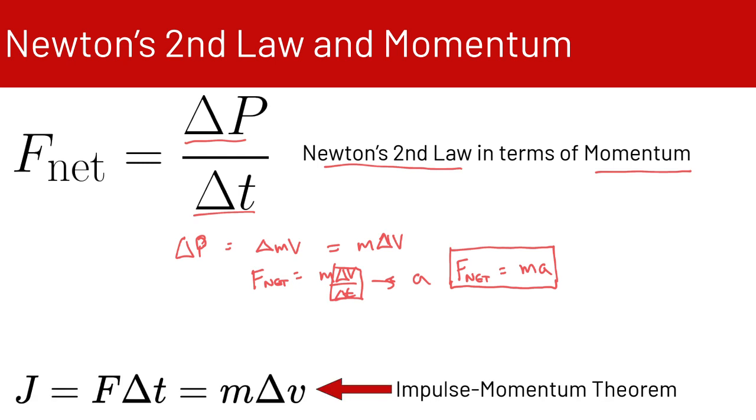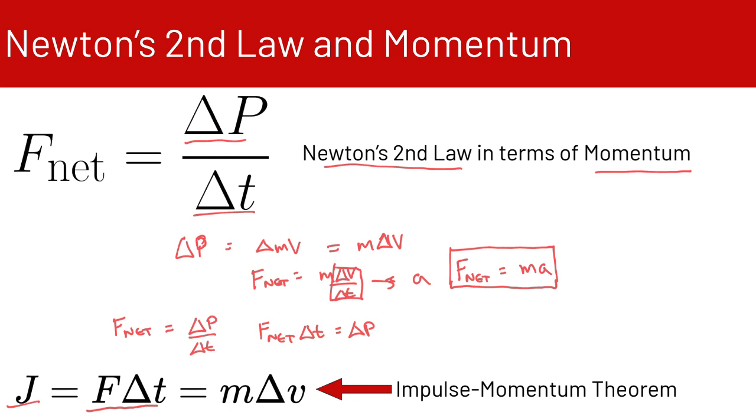All right, so here we have the equation J, which is impulse, equals F delta T. So force times delta T, which if we look up here, we have F net equals delta P over delta T. If we just rearrange the terms here, we end up with F net delta T equals delta P, which is what we have here.